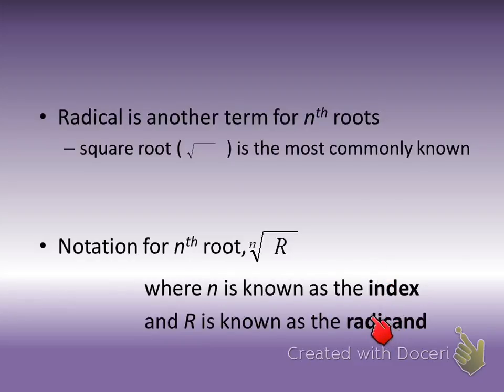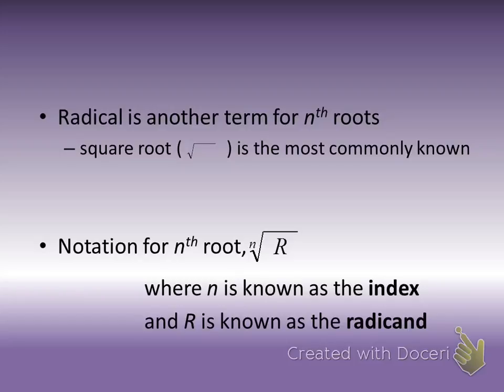Radicand's easy. It's the stuff underneath the radical. The index, some people call it the crack number, because it's in the crack of the radical sign. The index is, without a doubt, the most important number in this chapter.